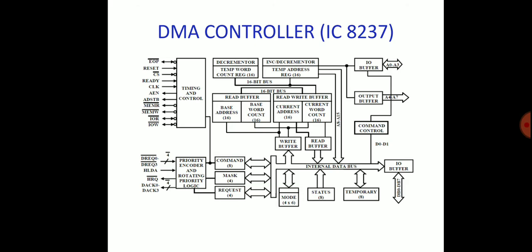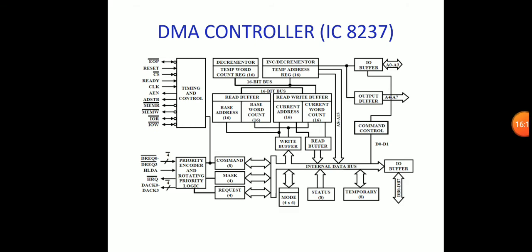Then the register organization: current address register, current word count register, base address register, base word count register, and command register. The command register is an 8-bit register that controls the complete operation of the 8237.